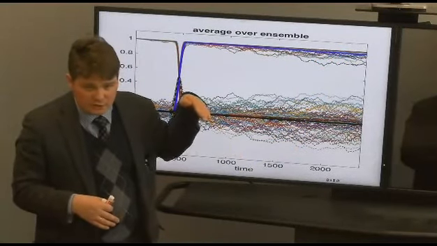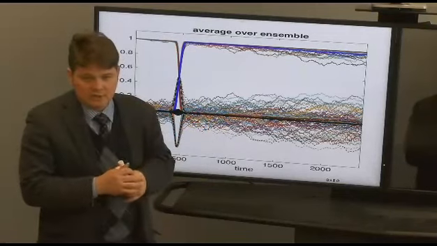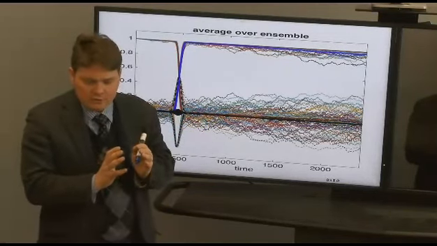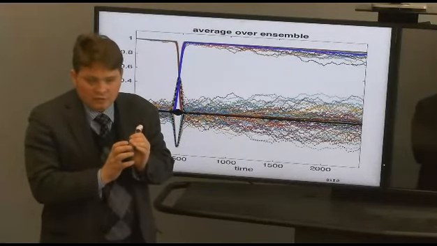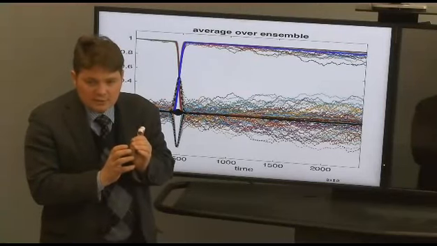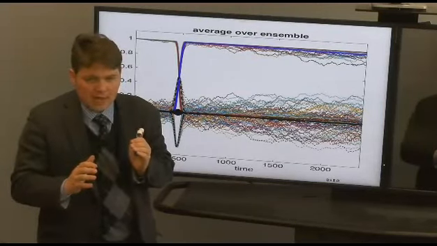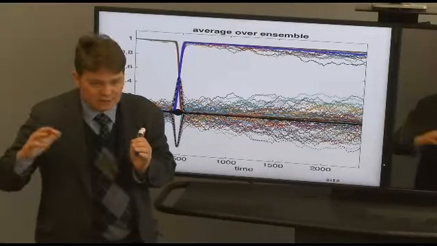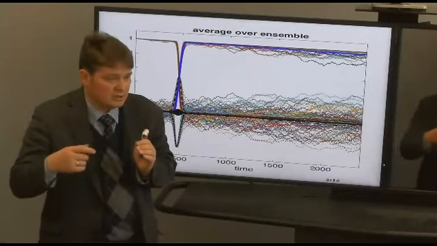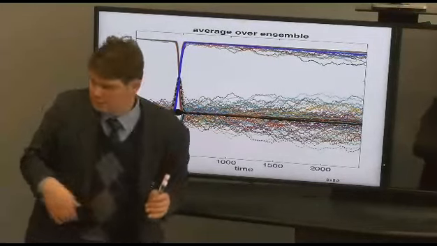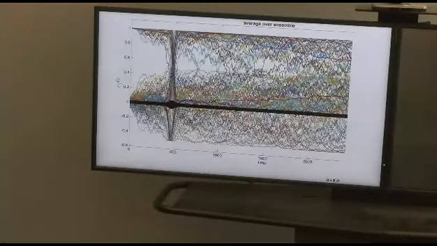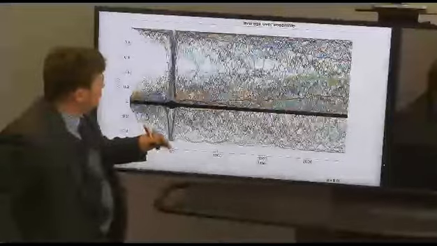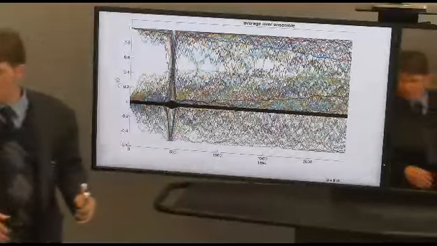So one can fit it into a single exponential, and basically one can write down a very simple equation of motion for the density matrix that has been averaged over ensemble. And instead of this ensemble average, there will be just one constant that shows constant decay. And if we increase the level of noise, the relaxation goes quicker.